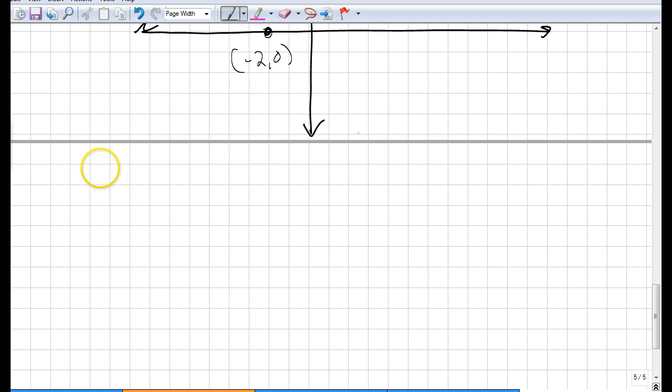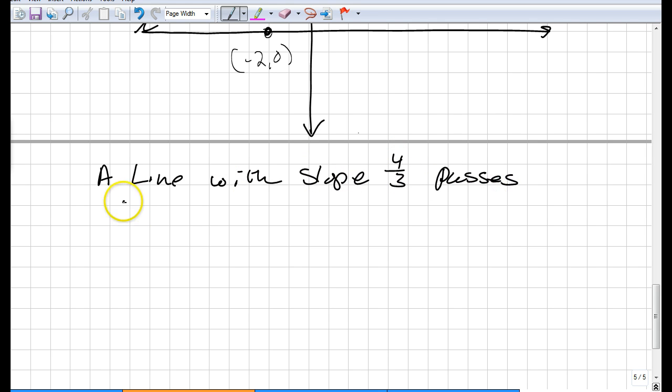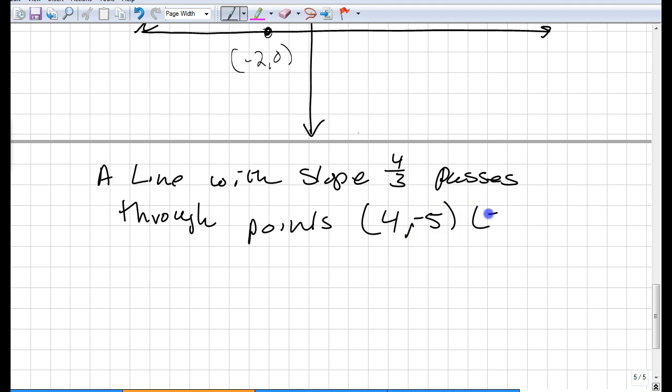Next example. A line with slope of 4/3 passes through points 4, -5 and -2, what? In other words, we need to know what this y value is.